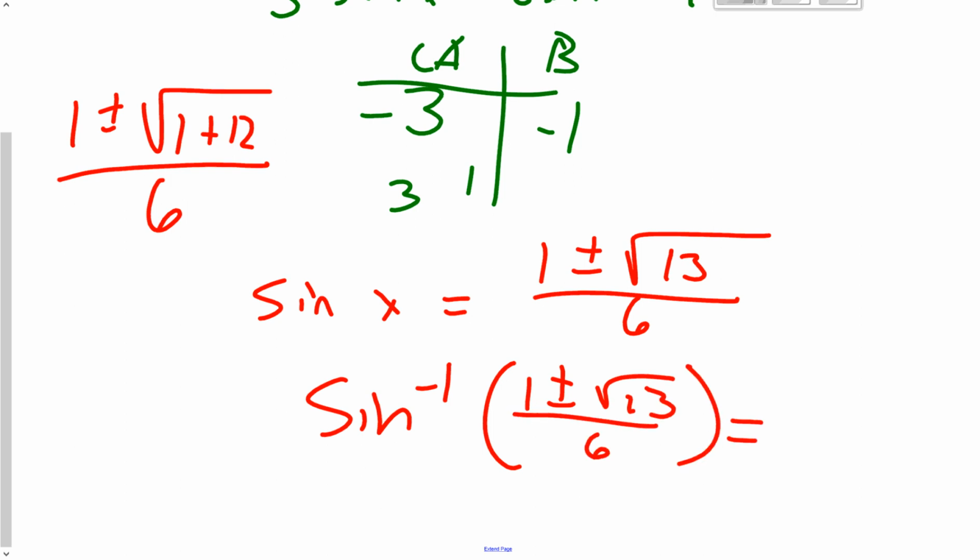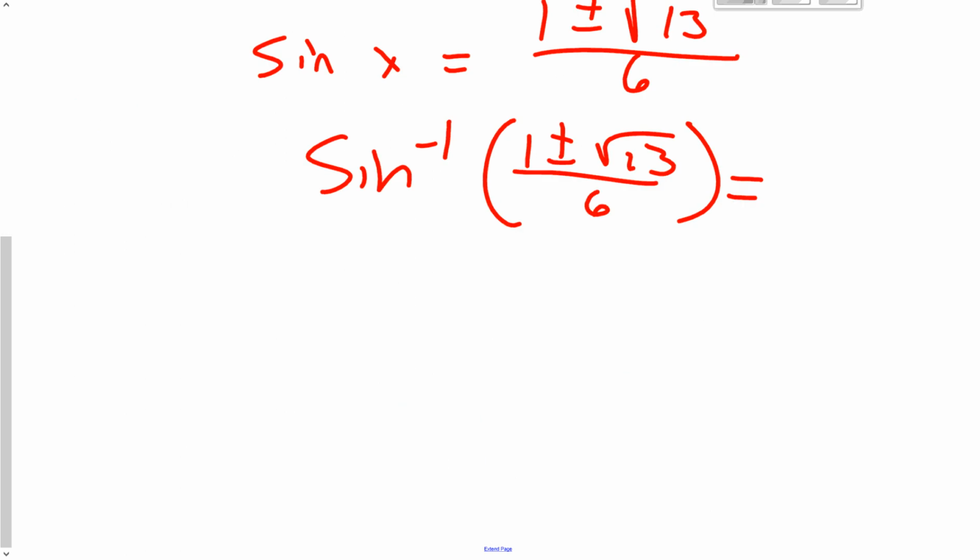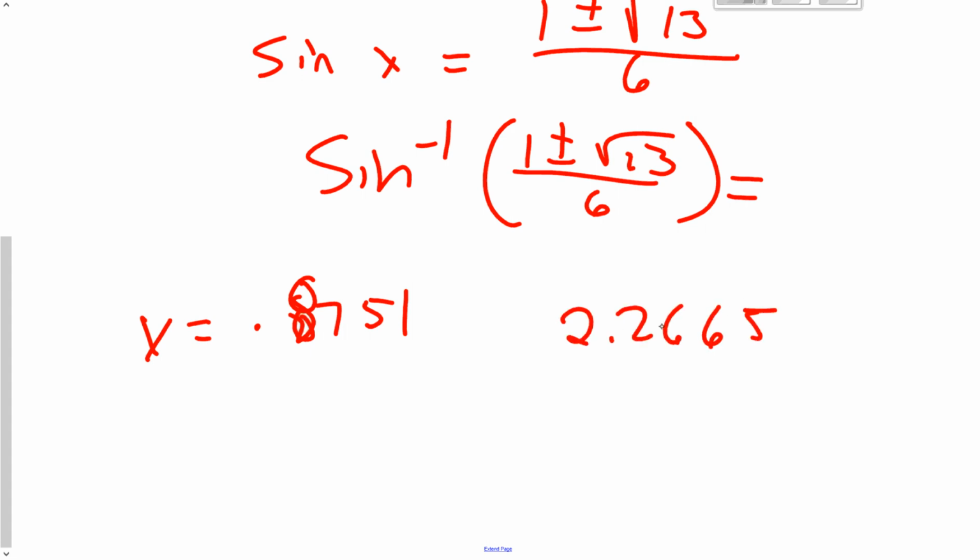And so I should get approximately 0.8751 for one answer, 2.2665 for another, and then also we get 3.5908.